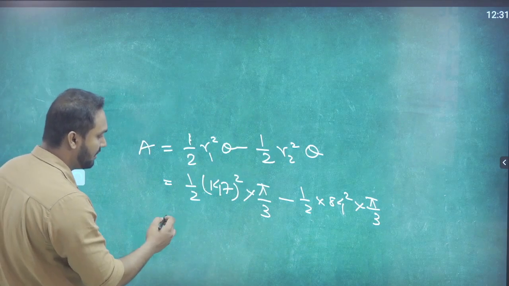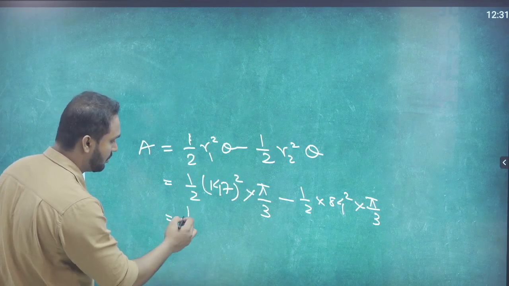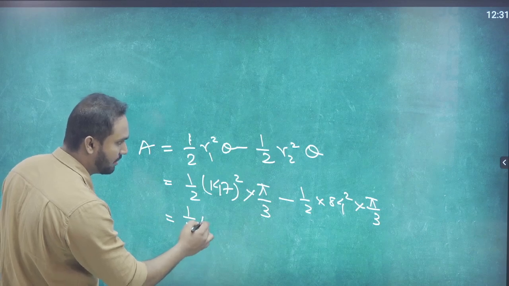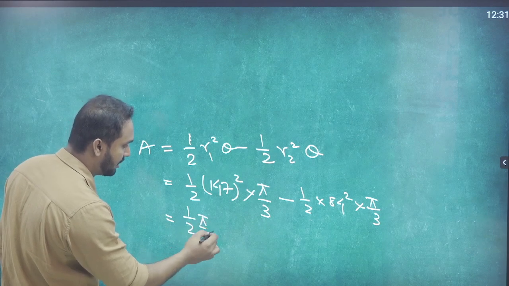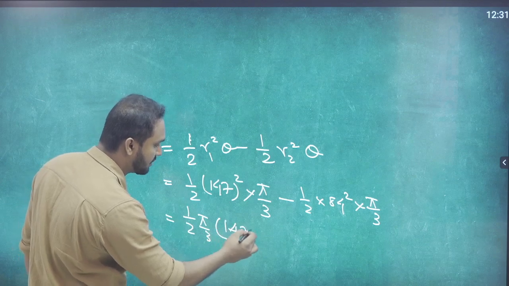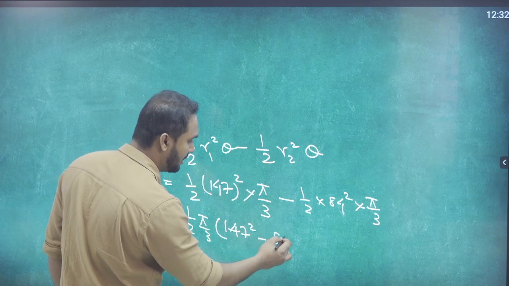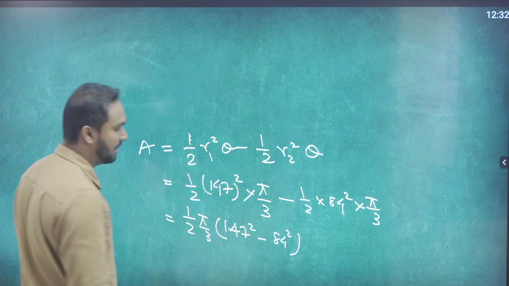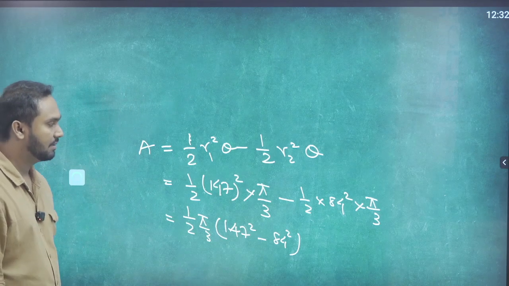Now all the other values are common. Half and 5 over 3 are common, so 147 square minus 84 square is there. Now simplify this and tell me the value.